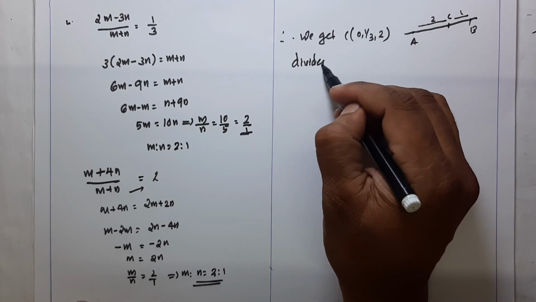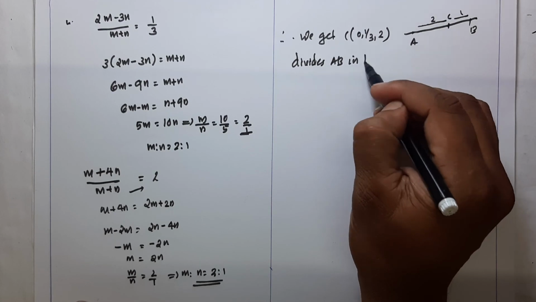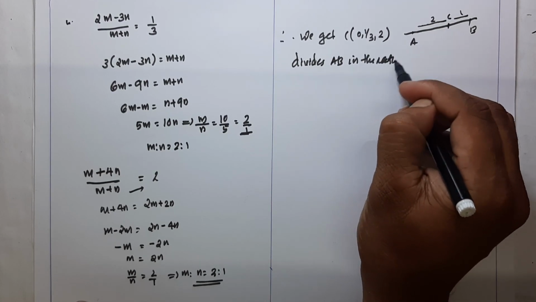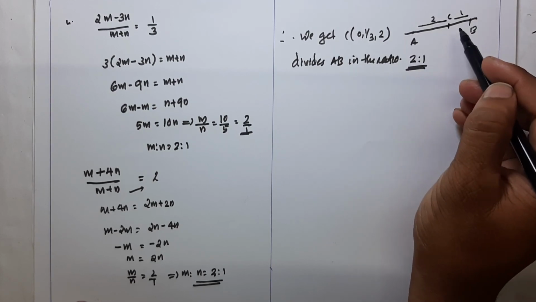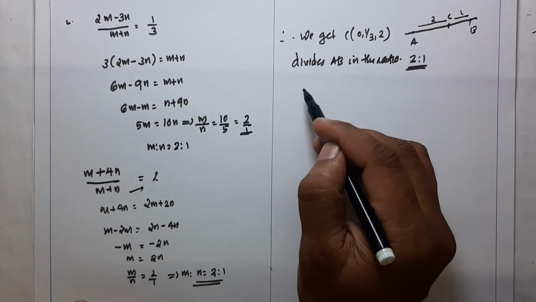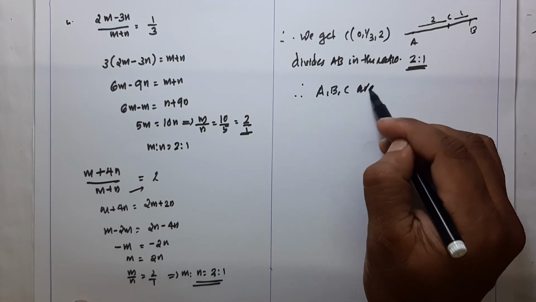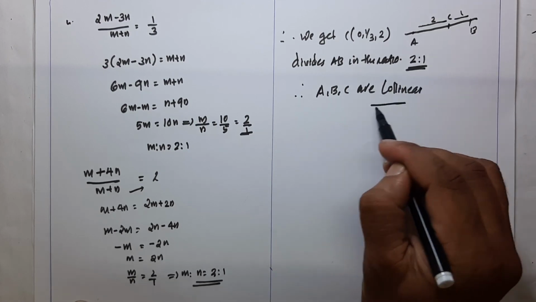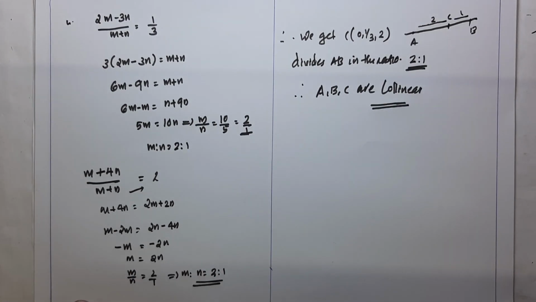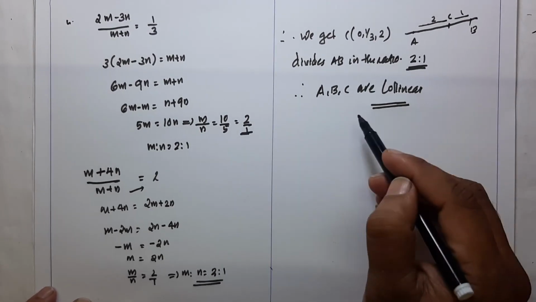Therefore C divides AB internally in the ratio 2:1. That means C lies between A and B, and therefore A, B, C are collinear, because C lies between A and B. That means A, B, C lie in the same line of action, and therefore A, B, C are collinear.